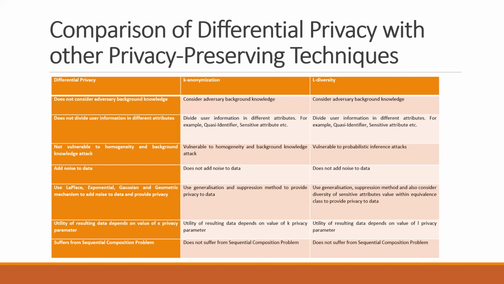The utility of the resulting data depends on the privacy parameter epsilon in differential privacy, on parameter K in K anonymization, and on the value of L in L diversity.